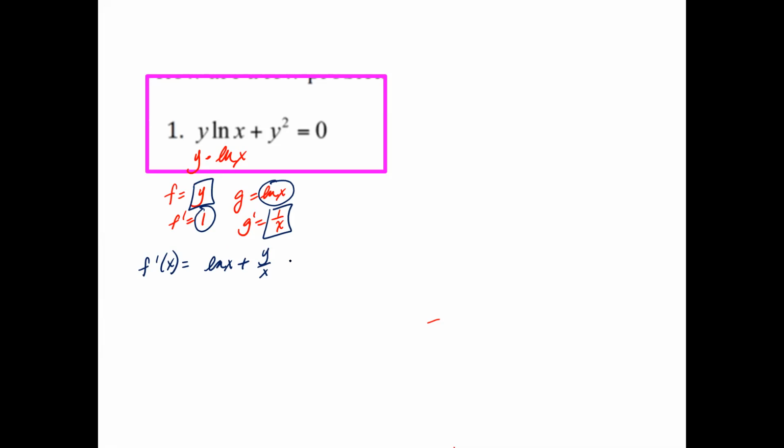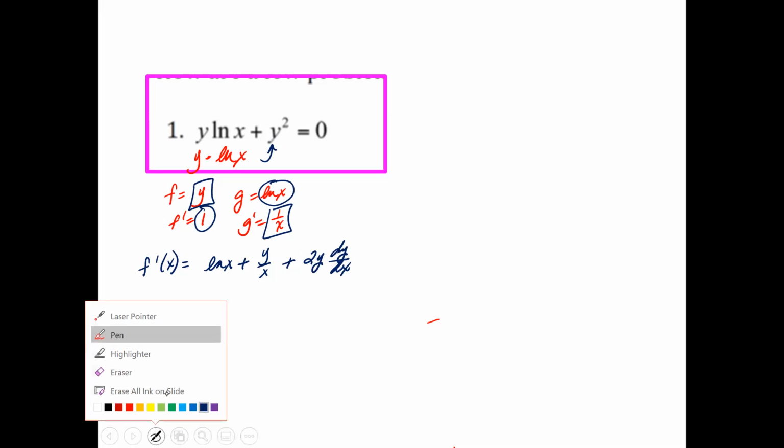Next, I'm going to find the derivative of y squared, which is going to give me a 2y. Just keep in mind that whenever you find the derivative of y, it's a dy over dx, so make sure you actually include that.